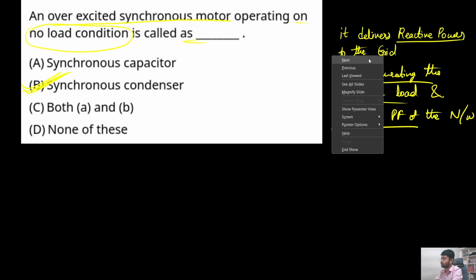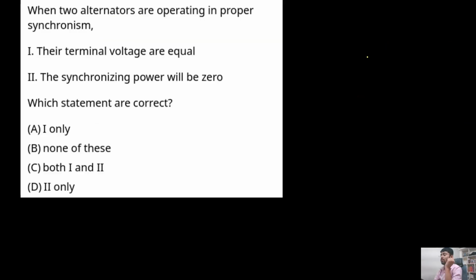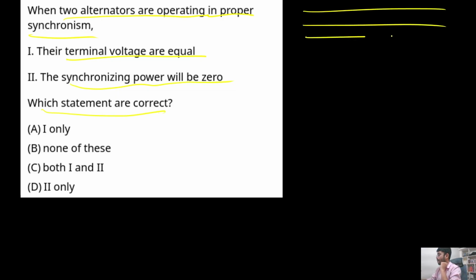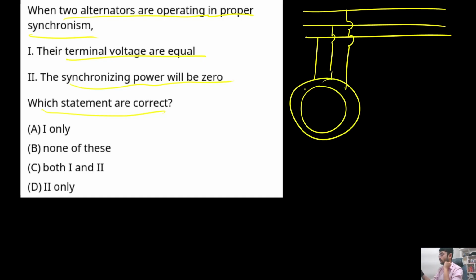That is why it has capacitive characteristics. When two alternators are operating in proper synchronism, the terminal voltages are equal and the synchronous power will be 0. Which statements are correct? So let's say this is a grid. Two synchronous alternators, meaning synchronous generators, are operating in parallel.